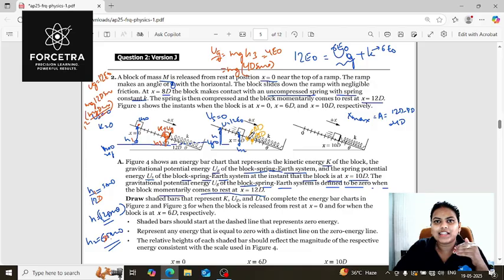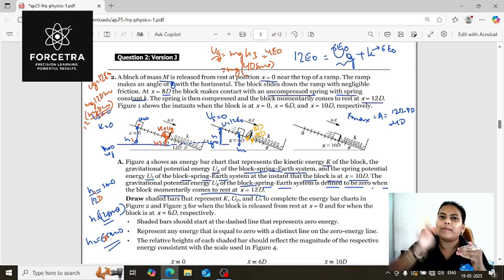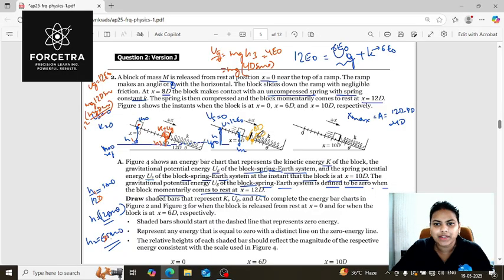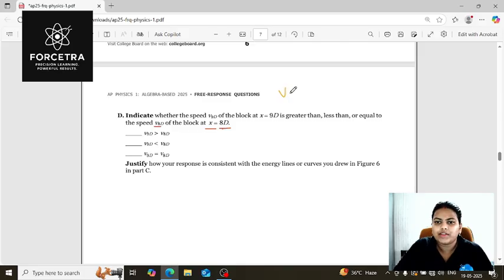When the block is at 8d, its gravitational potential energy would be converted to kinetic energy, increasing the kinetic energy, plus compressing the spring, or it would be converted to elastic potential energy of the spring. So from 8d to 9d the velocity would increase as well as the spring would get compressed. So that's why the velocity at 9d would be greater than the velocity at 8d.